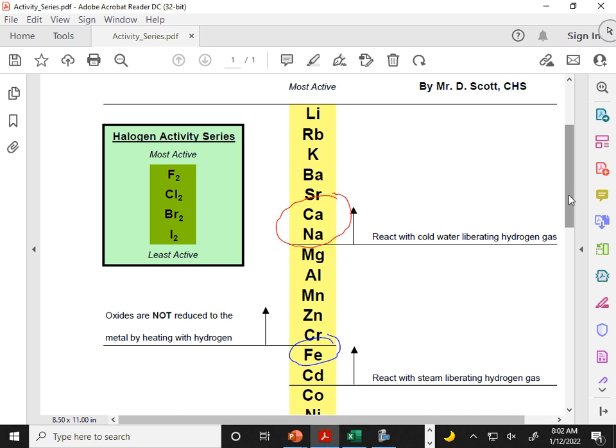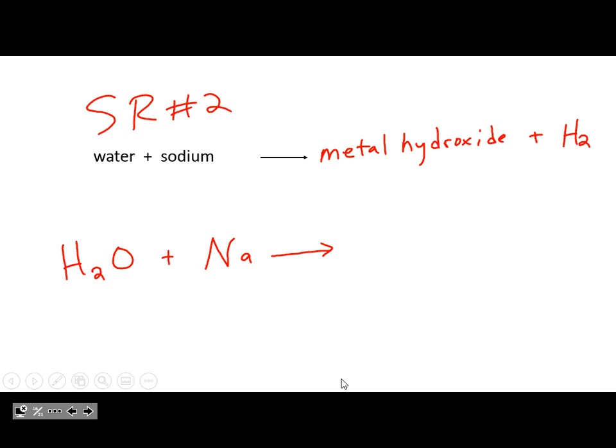So this reaction will indeed occur. I'll have a metal hydroxide, and that metal is sodium. Sodium's a 1 plus, hydroxide's a 1 minus, so NaOH, plus my hydrogen gas.